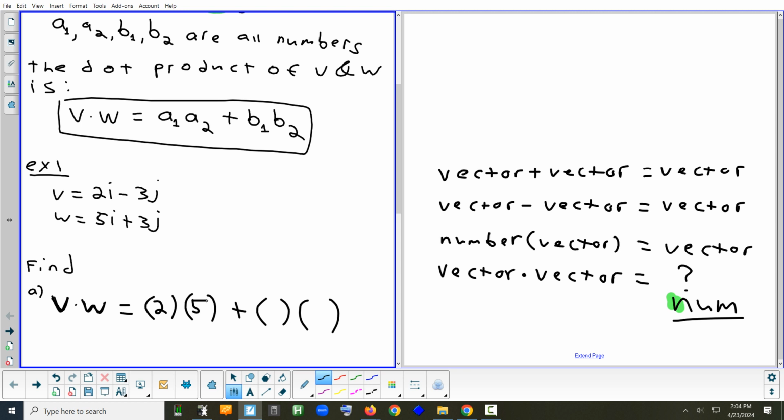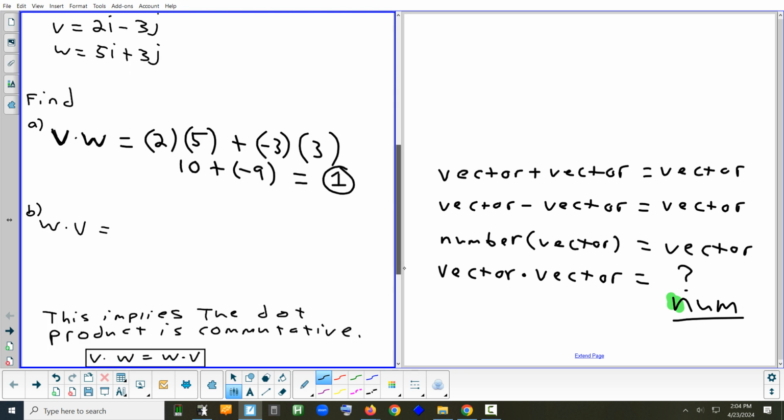And the next 2 numbers? -3 and 3. What's 2 times 5? 10. And what's -3 times 3? -9. And 10 plus -9? 1. Yep. That's it. That's your answer. That is the dot product between V and W. Any question how we got 1?